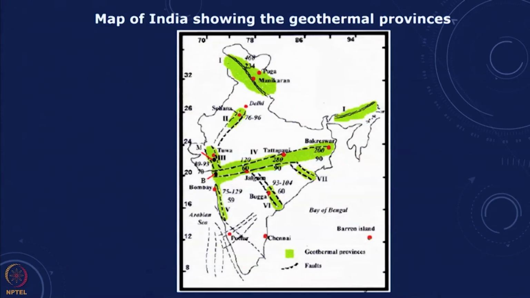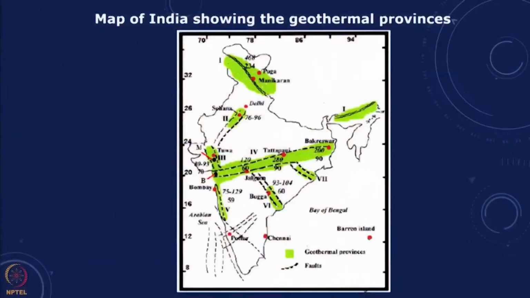Before we look at that, in the case of India, these are the geothermal provinces. In the Indian context, around the fault areas, these are the areas where you have geothermal, but in most cases the temperatures are relatively low.